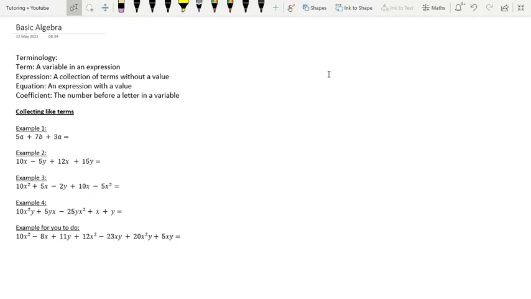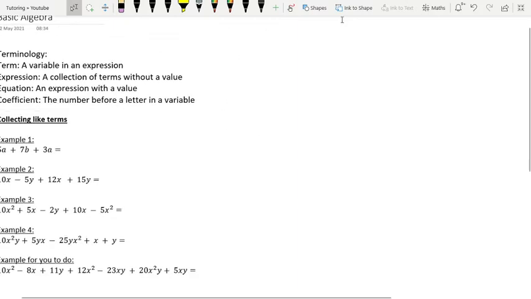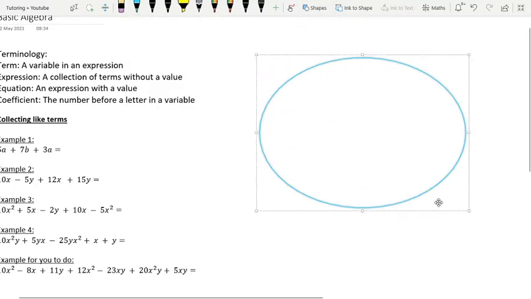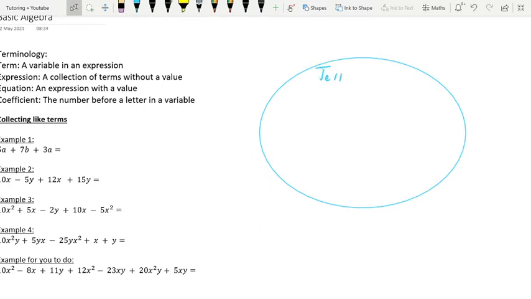Before we go over some simple definitions, a term is a variable in an expression. So let me just do this in a nicer colour. I'm going to write some terms over here. In this box here, we've got terms. They are variables in an expression. We'll go over what an expression is in a minute.